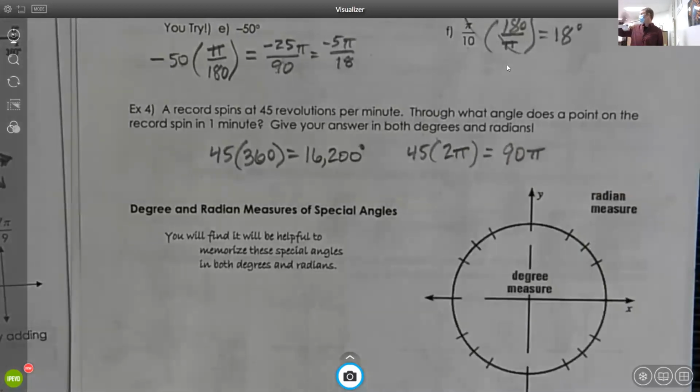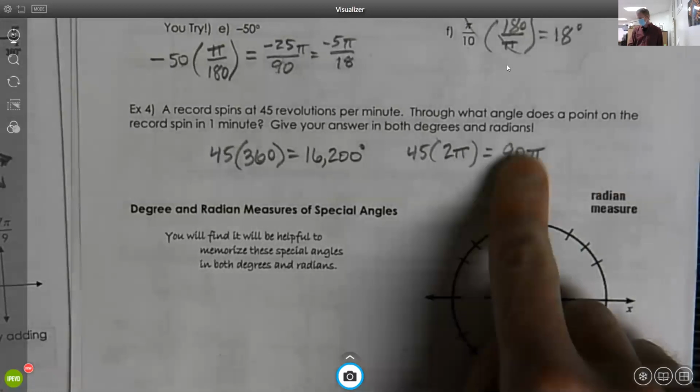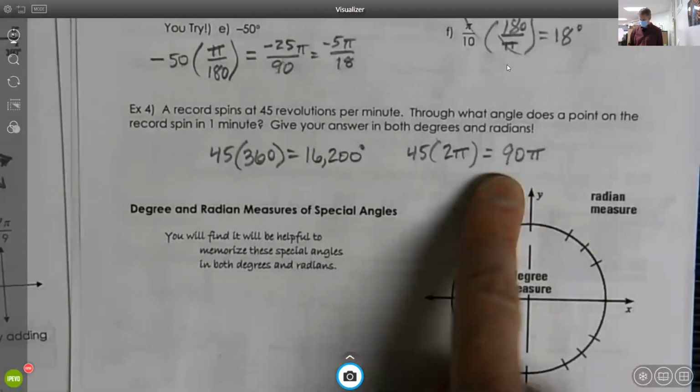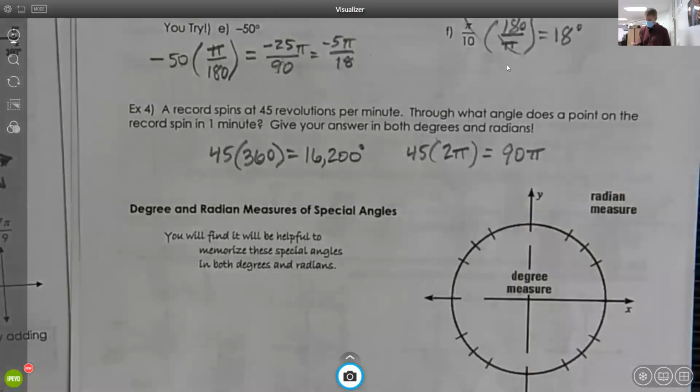Which pi is half a circle, right? So if you double your half a circle, you get 2 pi. So cutting this in half is your 45. So just trying to make some recognition of what that would mean.